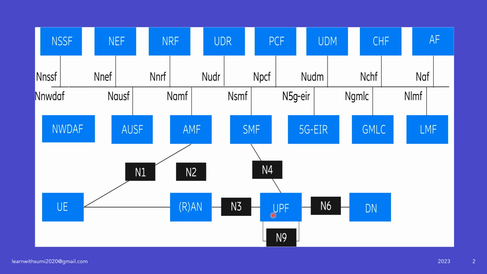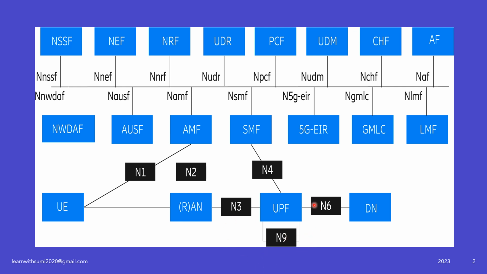This supports the UPF both when the platform is dedicated to the user plane function and when the UPF is co-located with the access gateway function, AGF. We'll also discuss the AGF in the upcoming sessions.